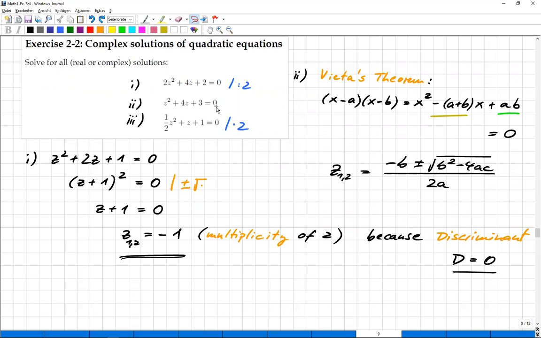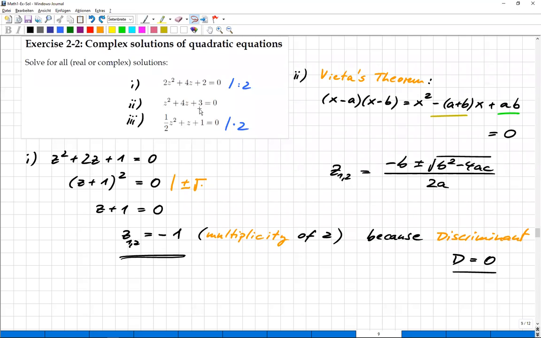Okay, and then I just test if the sum of my two solutions is the negative value of that linear coefficient. So my trick is this. This is Vieta's theorem. I say supposedly -1 and -3 are the solutions. If so, the product of -1 and -3 is 3, right?